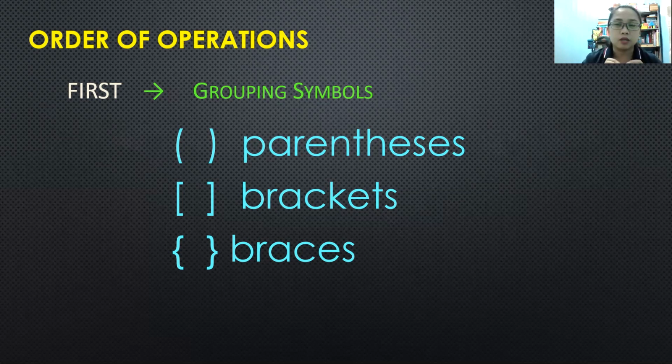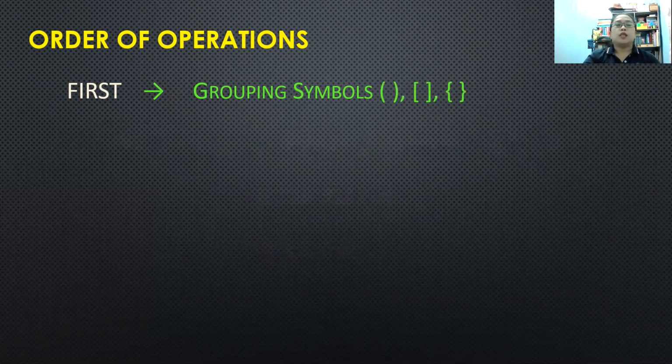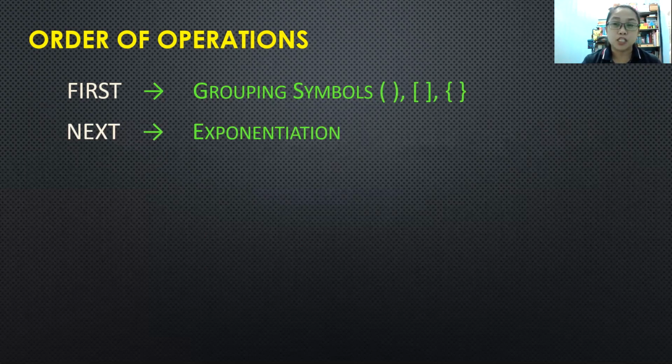Kapag nakakita kayo ng mga ganong expressions, yun ang una ninyong pine-perform. When you are done with these grouping symbols, the next thing to do is to simplify exponentiated expressions. So yung mga may exponentiations doon sa expressions ninyo, yun ang isusunod ninyong i-simplify.